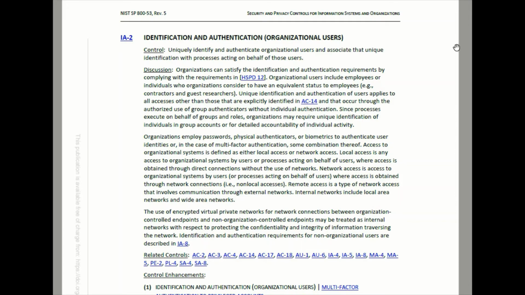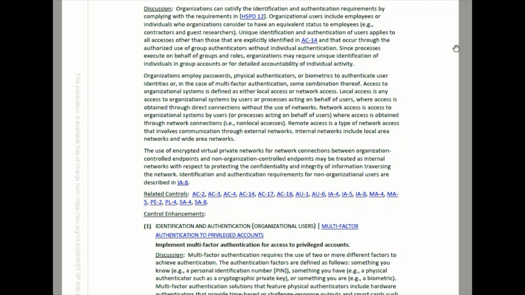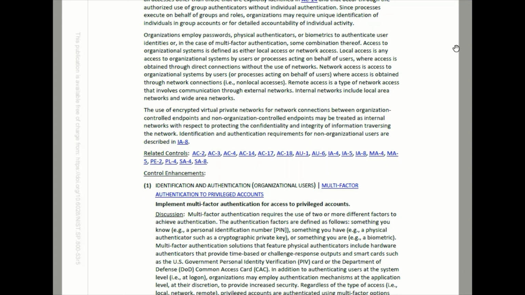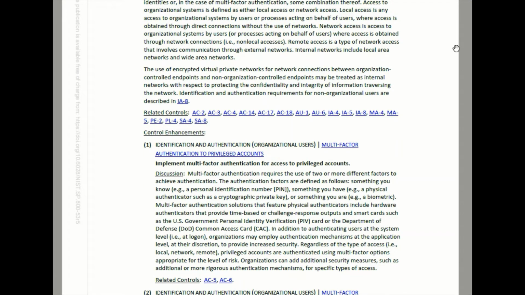Okay, and with the enhancement 1, as we looked at, is talking about multi-factor authentication to access privileged accounts. So a privileged account is an account that's like an administrator account, a root account, an account that has more permissions, more power.